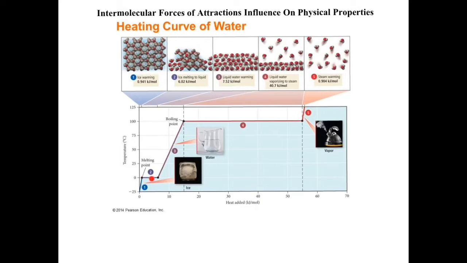Once all that ice is melted, it again goes into a temperature change process as you go from 0. So now this is all liquid. The liquid starts heating up, and all of the heat is being transferred into molecular motion of the molecules, which increases the temperature.